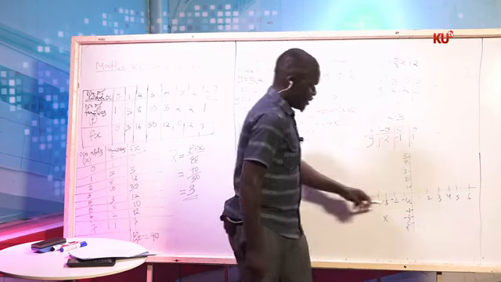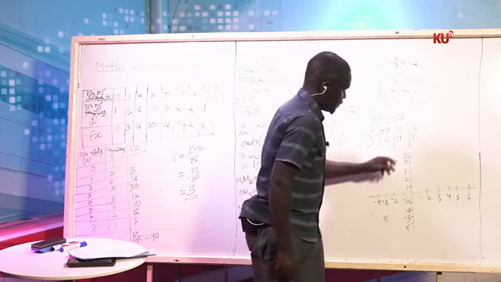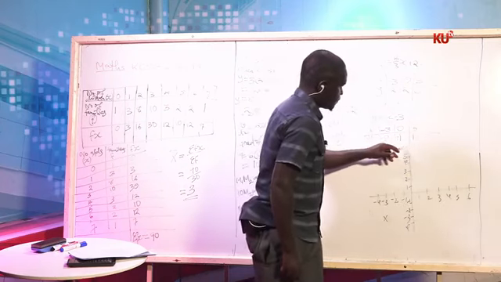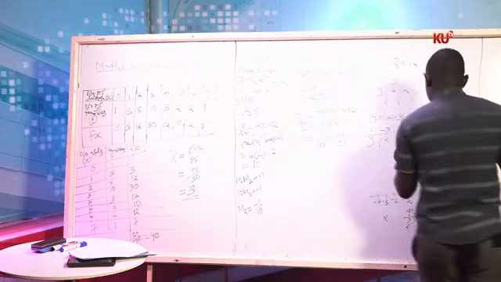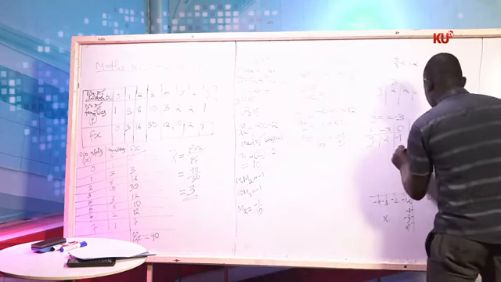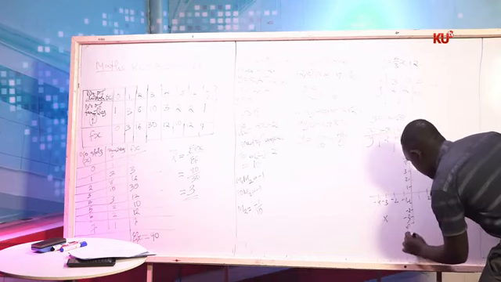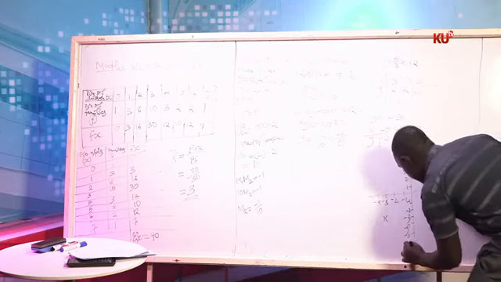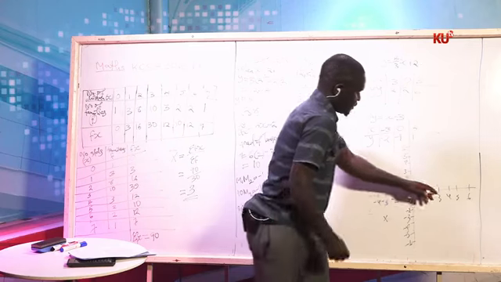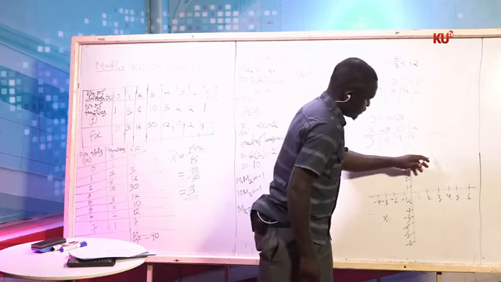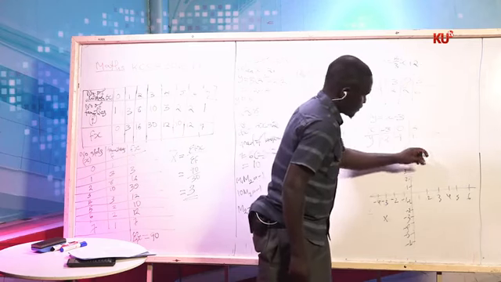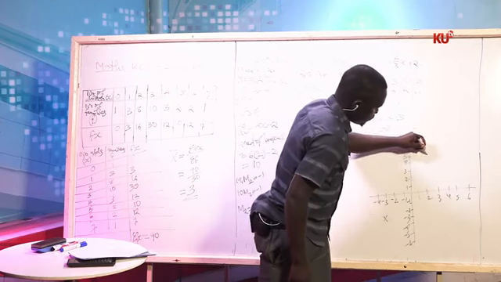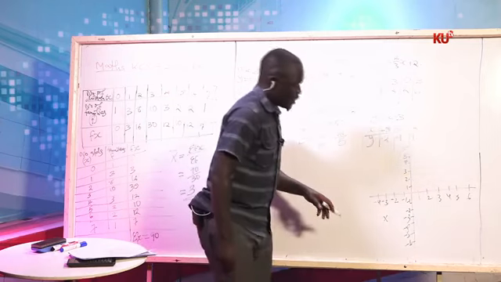Then you have 3, 6. So the point 3, 6 maybe it is here. But I think for you as a student, when you draw it, it's very, very nice.